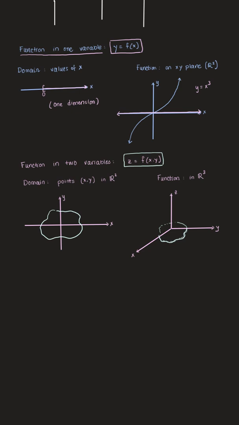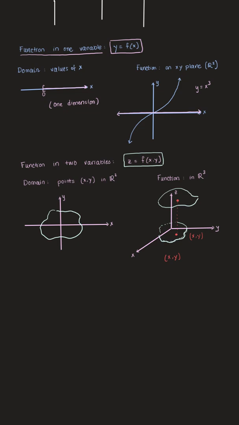Our range is going to give us a surface. Maybe it looks like this, defined on that domain, so that for every point x, y in the domain, we get an output that will give us the height, z, that will land us on the surface. So the input is a set of points x, y. The outputs are z values, heights above the domain that will produce the surface.